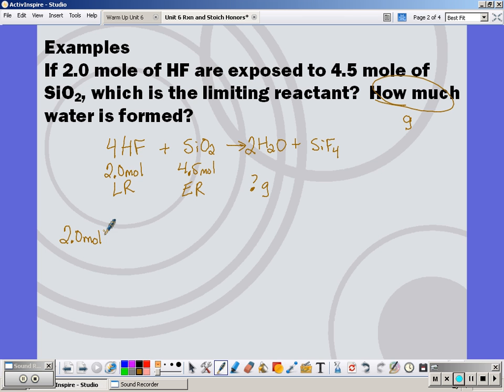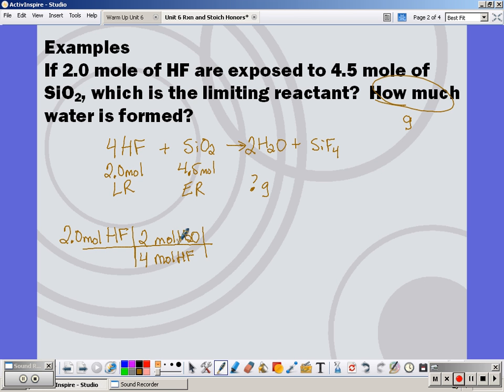So I have 2 moles of HF. In stoichiometry, the first step is to convert to moles. We're in moles. The second step is to use the mole ratio to go from our starting substance to the substance that we want. And then the coefficients are used. So 2 in front of the water, 4 in front of the HF.